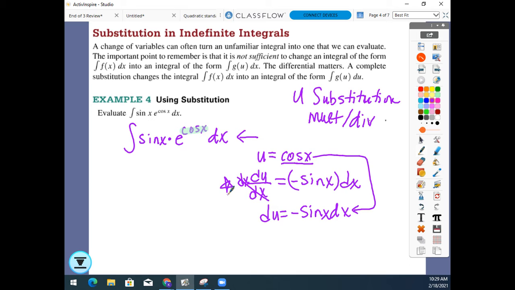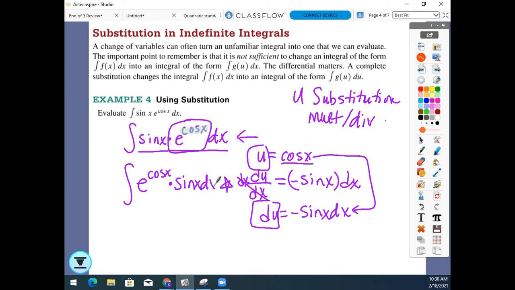Now our goal is to replace anything that has an x here with something from this side with u's and du's. I'm going to keep my integral. First, I'm going to switch the order, because when I'm multiplying, it doesn't matter what order I multiply in. The e has nothing to do with this side, so I'm just going to drop down my e.